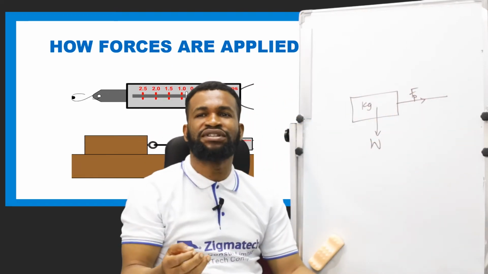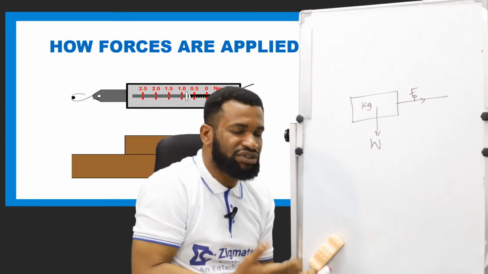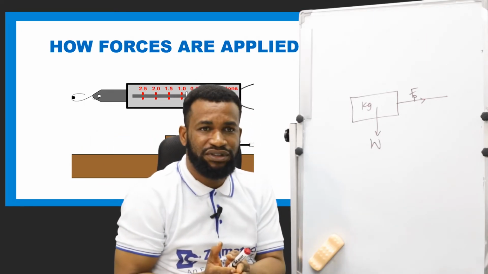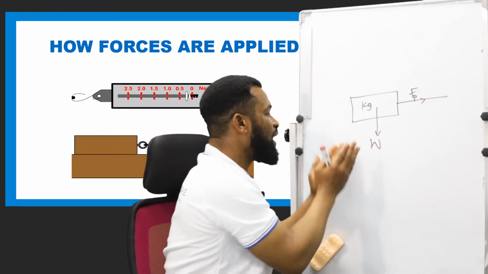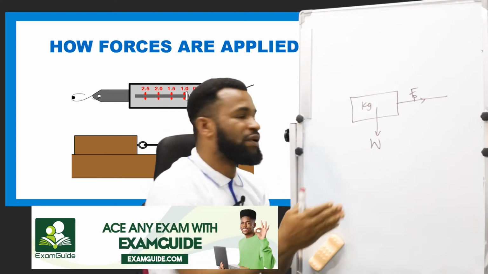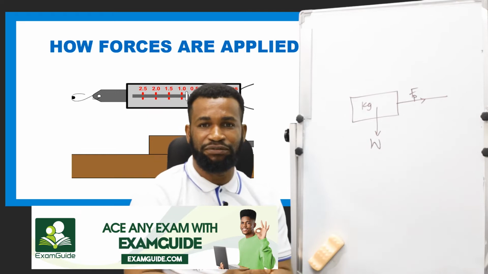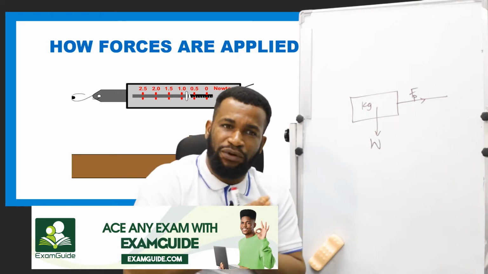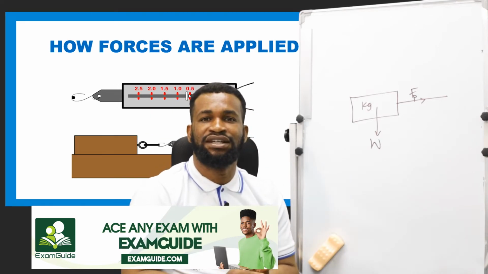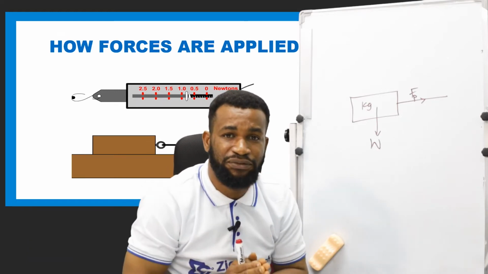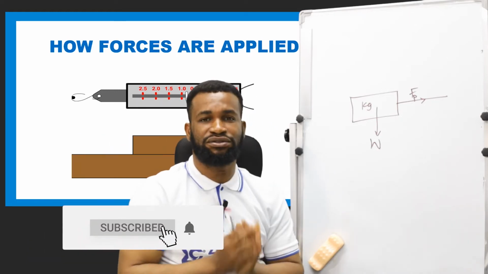So we are talking about the resultant of the force that was able to overcome the weight of the body, overcome the resistance of the body, and the body was able to move with a given velocity. Whatever that force is giving us is a resultant force or resultant vector.